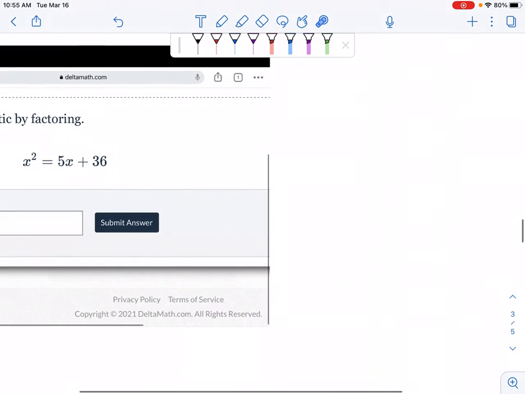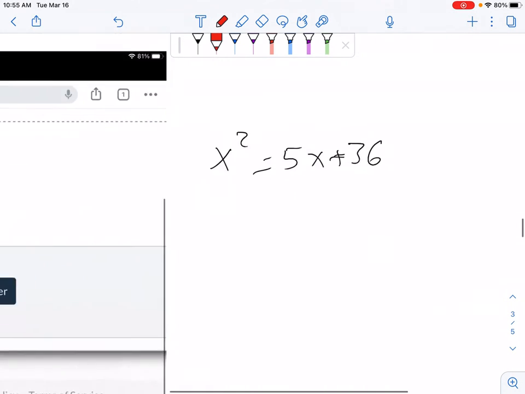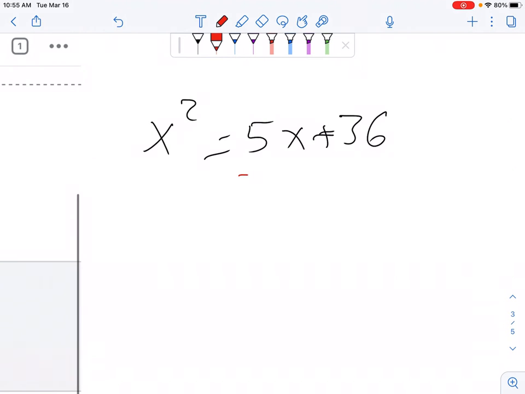For this one, x squared equals 5x minus 36. I'm sorry, plus 36. Make sure that you copy down correctly when you write these, or it will give you the wrong answer. So now that I'm sure that I have the right thing written down, I'm going to subtract 5x from both sides to get rid of this, because I need this to equal 0.